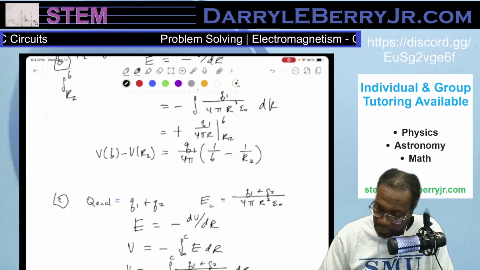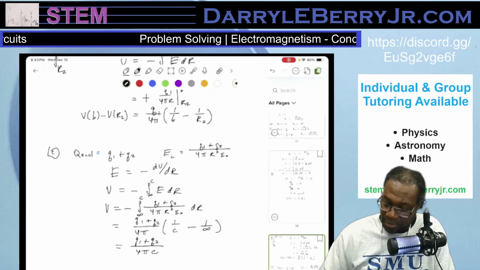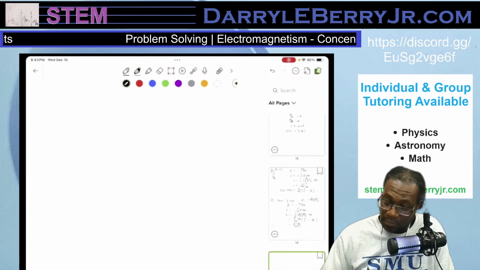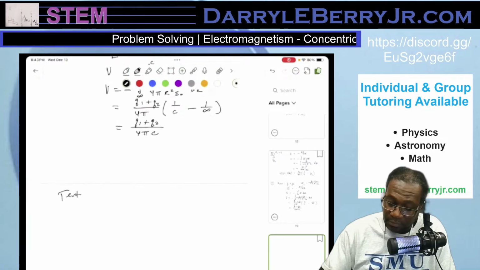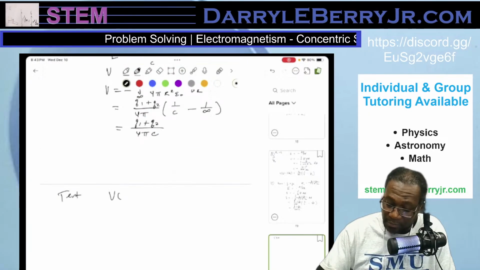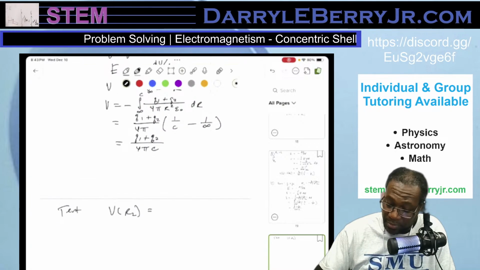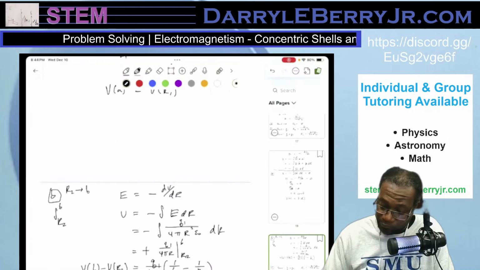We put that at R2. C would be R2. So this is basically we're checking for consistency. So it's a test, V at 2. C would be R2. So that should be Q1 plus Q2 over 4C.